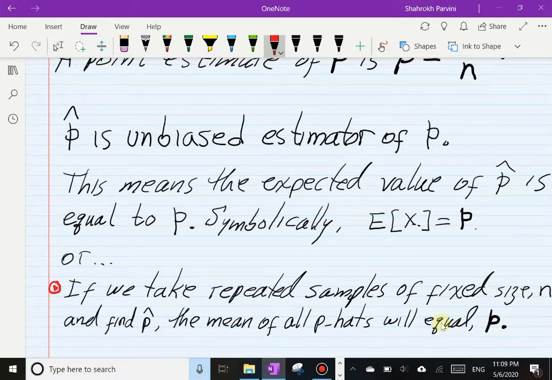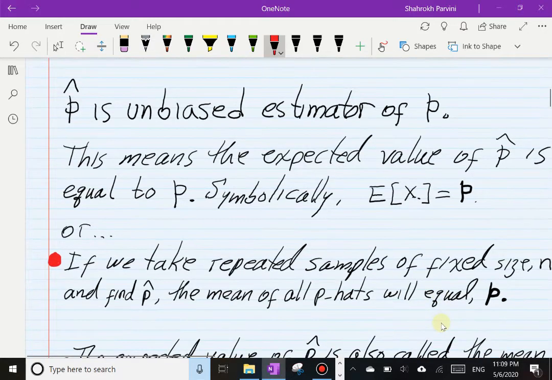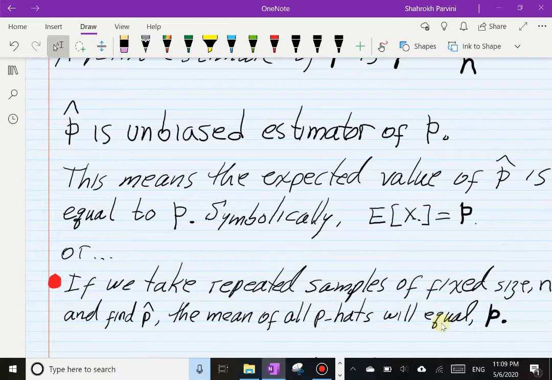We're going to do a simulation online. I'm going to go to a site that actually does this simulation, and you will see how this is going to work out. It's kind of like in chapter 7 when we did the sampling distribution of the sample mean. We went to StatCrunch and we illustrated the central limit theorem. It's pretty much the same idea.